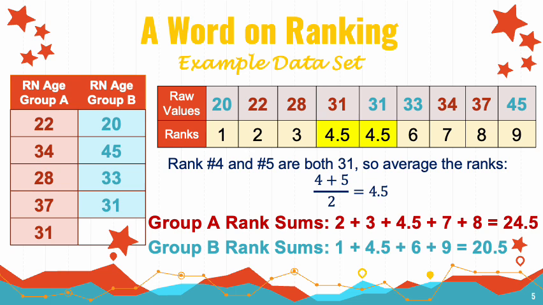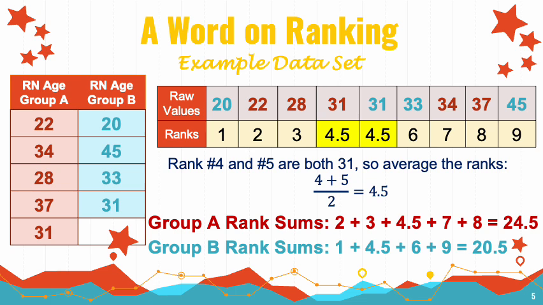These would be in the fourth and fifth places. However, there's no real way of saying which 31 is bigger and which 31 is smaller. Therefore, since it is ranks number 4 and 5 that are the same, we take the average of 4 and 5, which is 4 plus 5 divided by 2 equals 4.5.